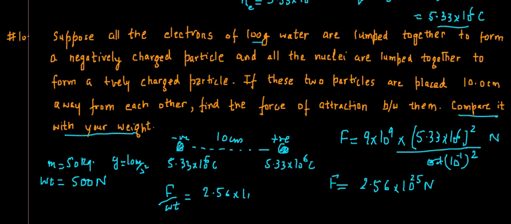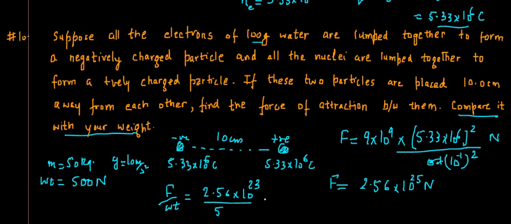You will get 2.56 into 10 to the power of 25. Well, when you divide by 500, you just divide by 5. This number you divide by 5 and divide by 100 here. 25 becomes 23.